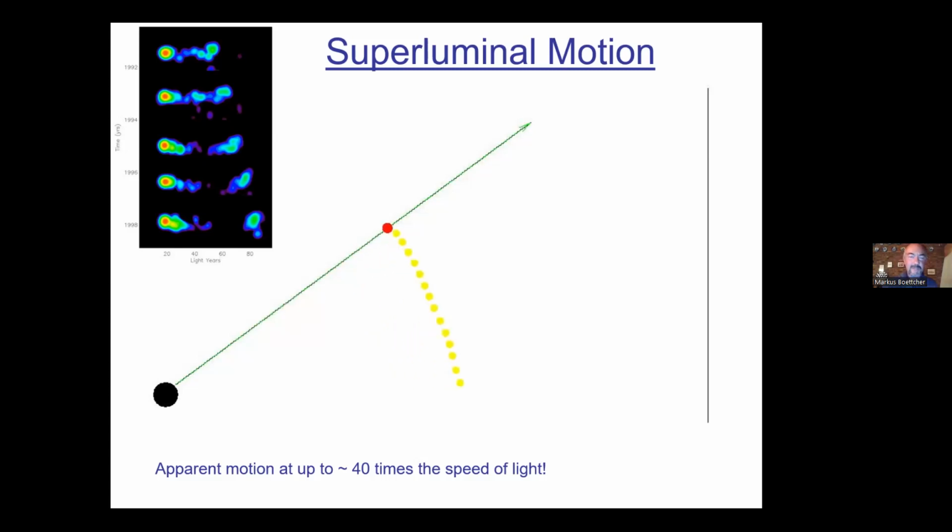So the time that actually elapses from the beginning of this ejection here to it reaching the end of the arrow here is much longer than the time in which we actually see all the radiation bunched up just a little bit in front of this emission region. So we see this motion on a much, much shorter time than actually has elapsed.